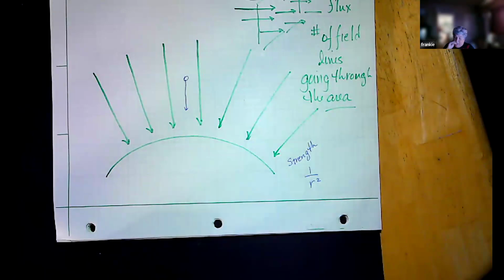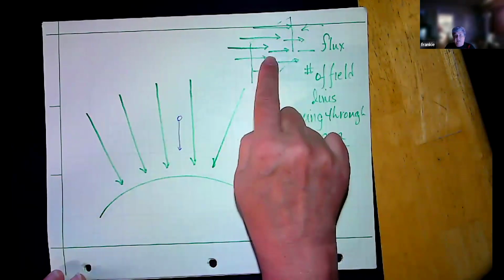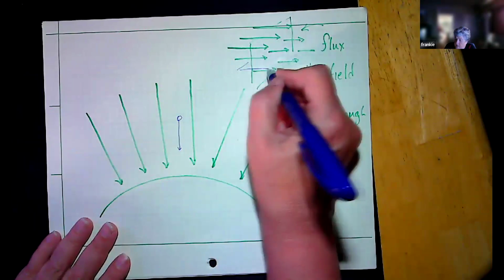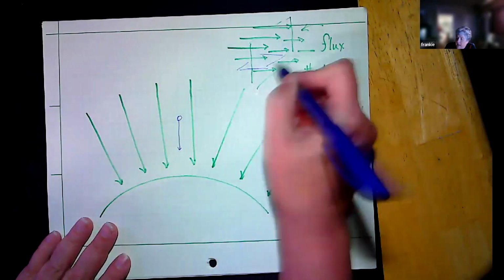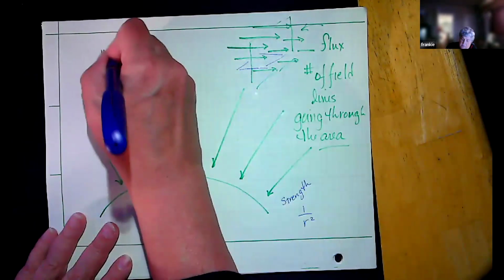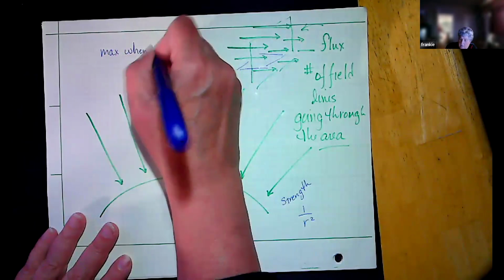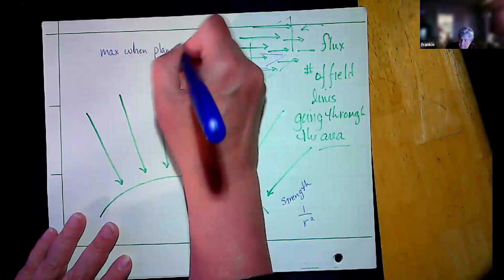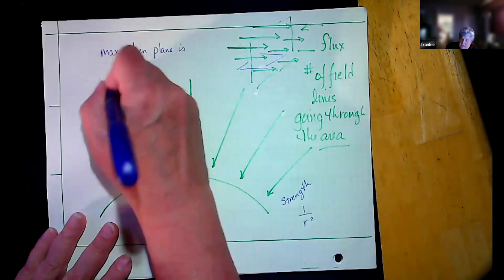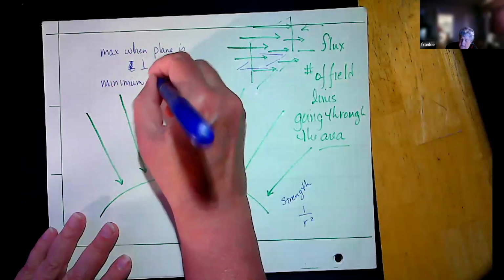So it's maximum when my field lines are perpendicular to my plane. And if I had a different plane, and I'm going to draw a blue plane now, my blue plane is over here, and it's minimum when the plane is parallel. It's maximum when the plane is perpendicular.